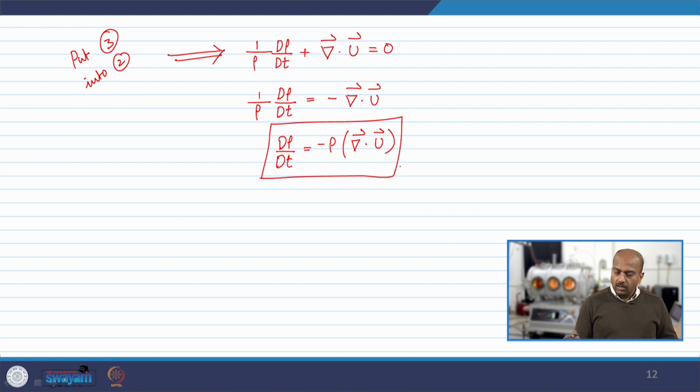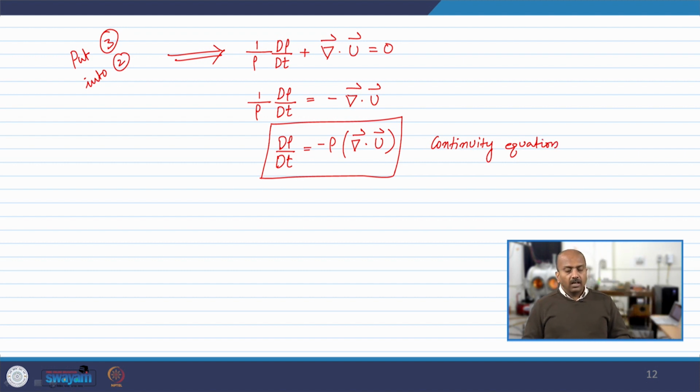This equation is again the same, it is the continuity equation. The only difference is that in this approach we have let the control volume move along the fluid, and we got the final expression in terms of total derivative.